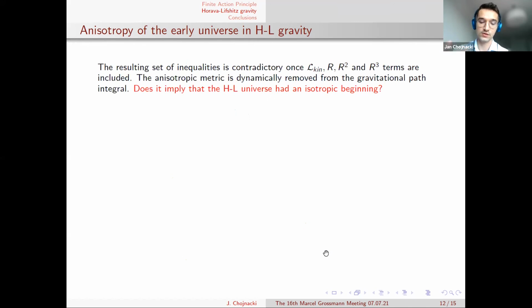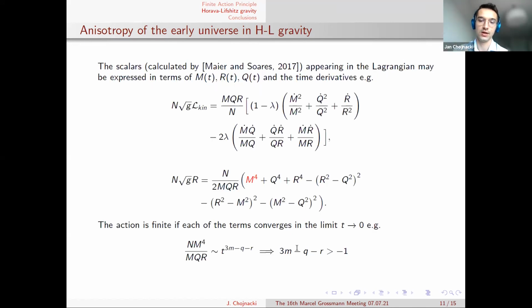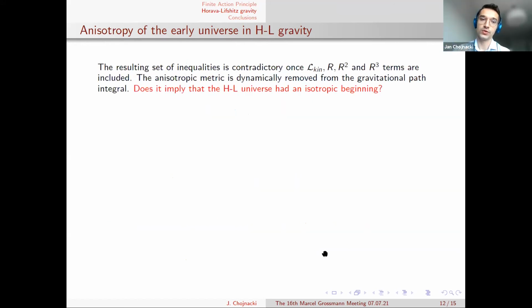And this needs to be done for each of the terms, and we will have a very large set of inequalities with 3 variables, which are m, q, and r. Okay, so now we should check whether they are contradictory. And if they are, this means that this anisotropic spacetime has infinite action.